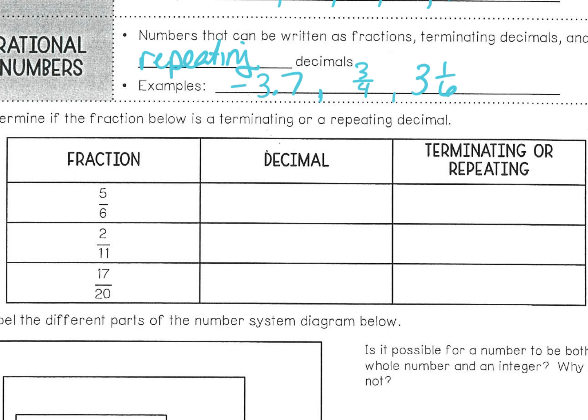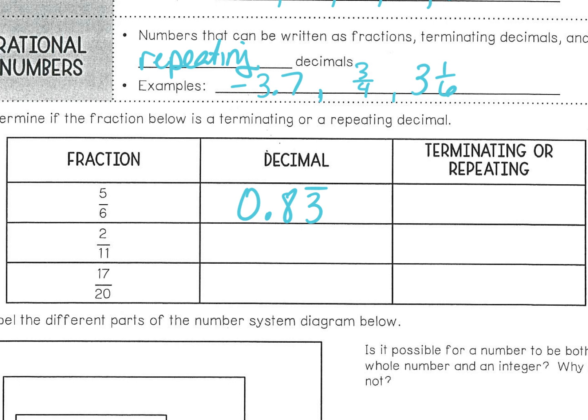It'll give you a calculator. If you have one that has fractions, you can use it. So you're going to do 5/6, and we want to convert that to a decimal. You could do 5 divided by 6, 0.8, and then it's 333 repeating. That's how we write that.